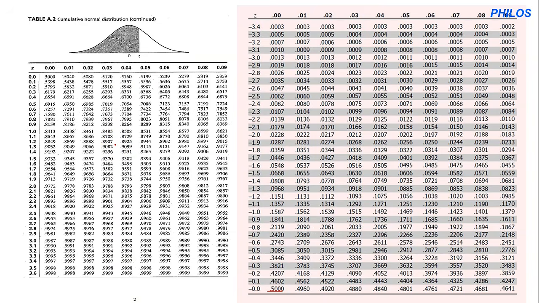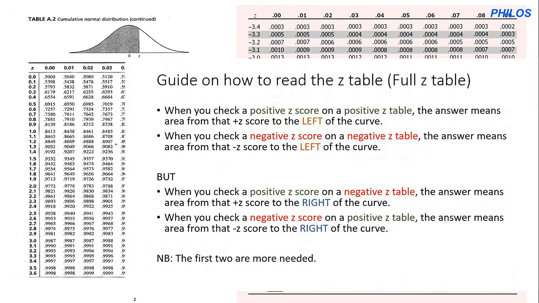Now I want to give you four guides on how to use this table. So kindly take a pen and paper and write it down. Point 1. When you check a positive Z score on a positive Z table, the answer means the area from that positive Z score to the left of the curve.